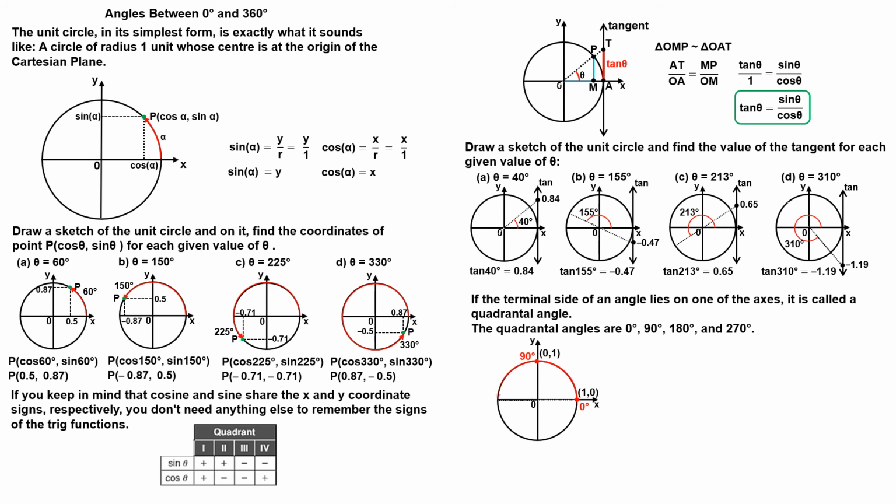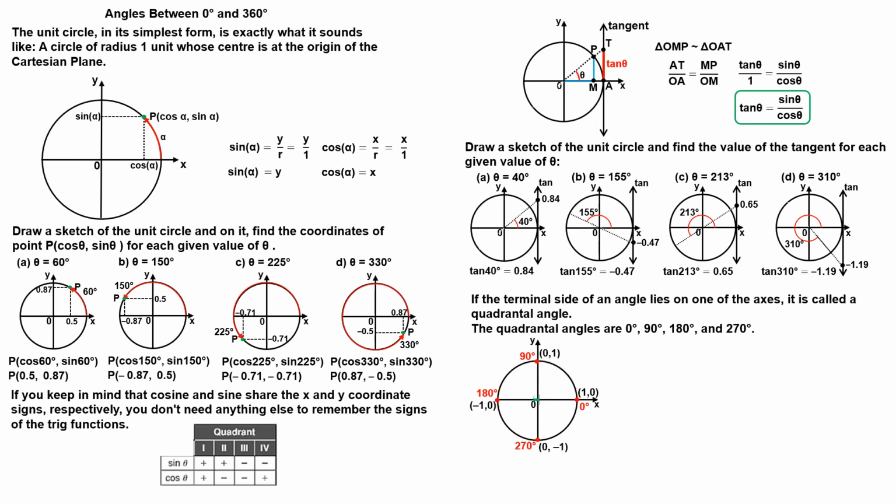At this point, the x-coordinate is -1 and the y-coordinate is 0. The fourth quadrantal angle is 270 degrees. At this point, the x-coordinate is 0 and the y-coordinate is -1.